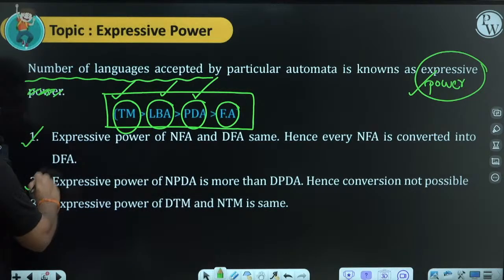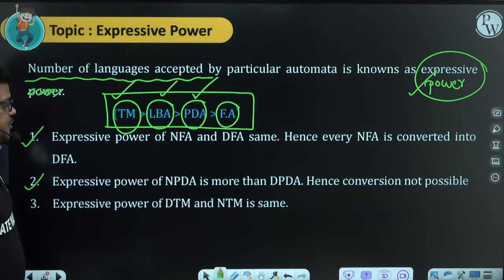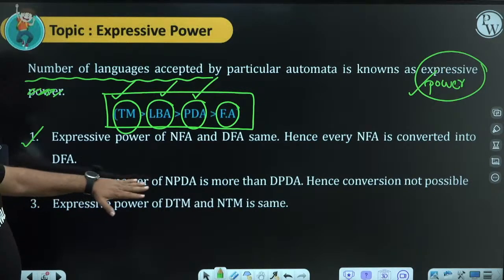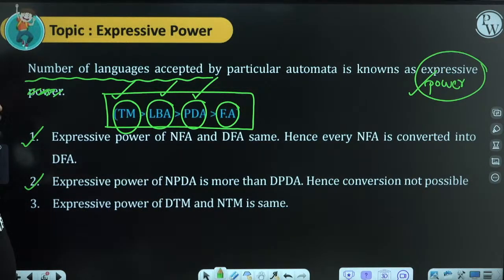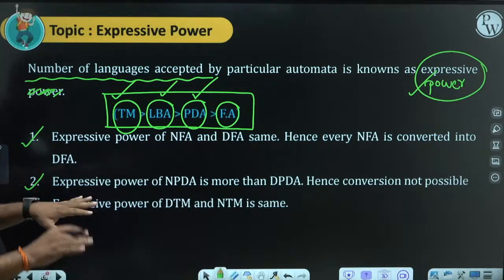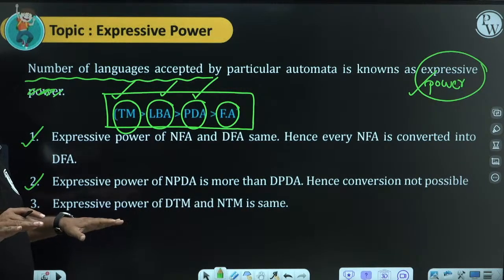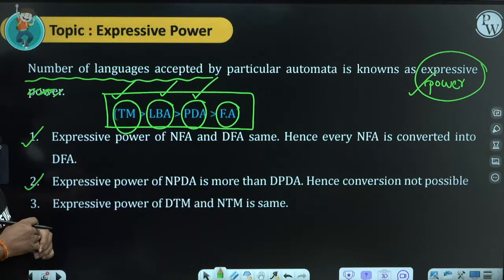Second point: the expressive power of non-deterministic push down automata is more than deterministic push down automata, hence conversion is not possible. Whenever powers are not the same, it is not possible.